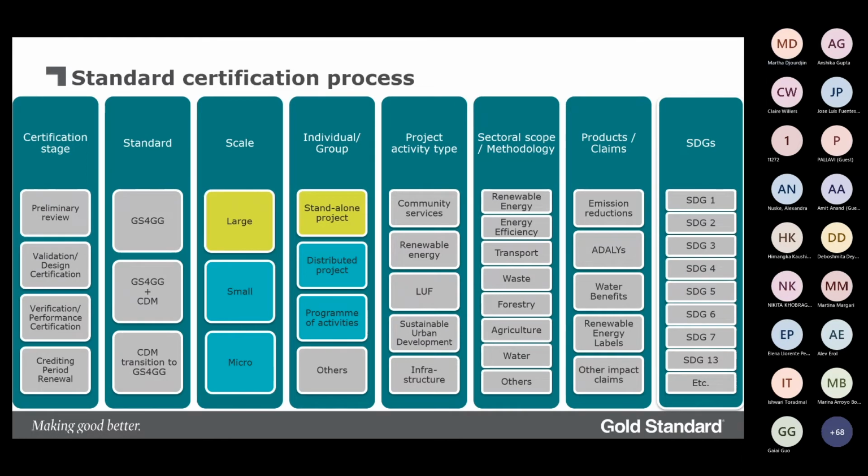If you remember from the previous fundamentals webinar, which you can find online, there are different ways in which we categorize projects according to the certification stage, as we saw, which standard is used, the scale, whether it's an individual or group project, the project activity type, the methodology, which claims there are, whether it's emission reductions or something else, and what SDGs, or Sustainable Development Goals, the project contributes towards.